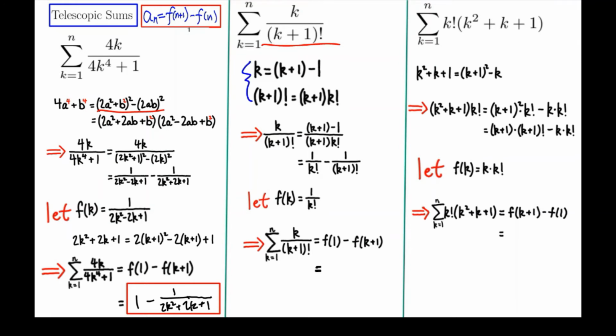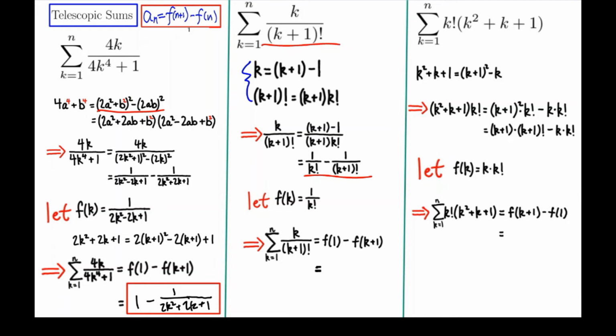This means that this is equal to (k plus 1 minus 1) divided by (k plus 1) times k factorial. So let's divide this into two fractions, shall we? k plus 1 as a numerator for one of them, and minus 1 as a numerator for the other one. So this is also the same thing as 1 divided by k factorial minus 1 divided by (k plus 1) factorial.